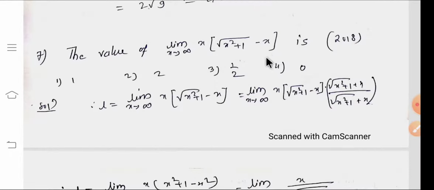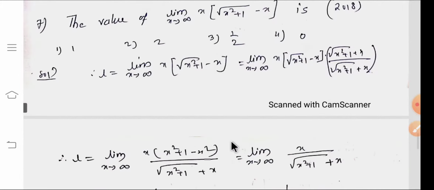Otherwise it is infinity by infinity form, an indeterminate form. Here we rationalize the term root of x square plus 1 minus x, that is limit of x tends to infinity, x into bracket root of x square plus 1 minus x, multiply numerator and denominator by root of x square plus 1 plus x.